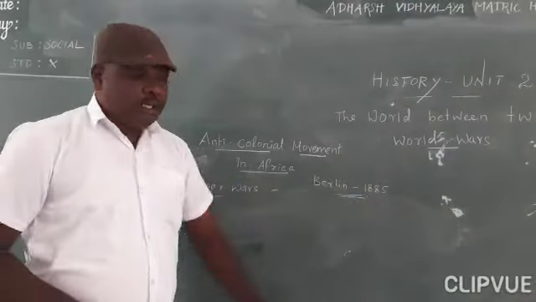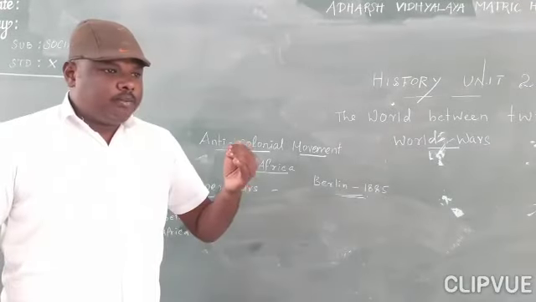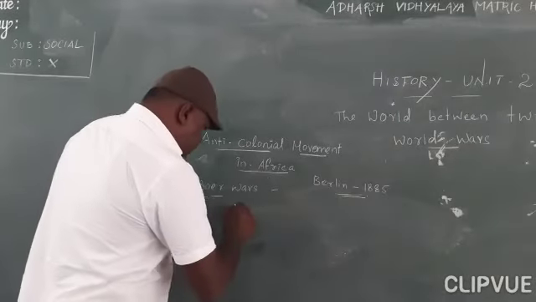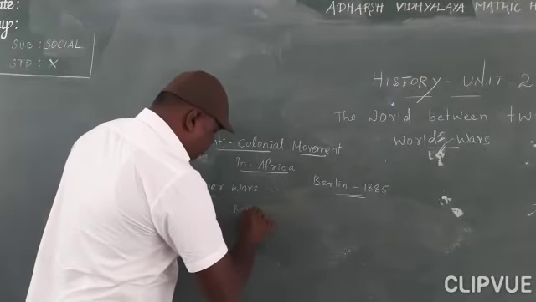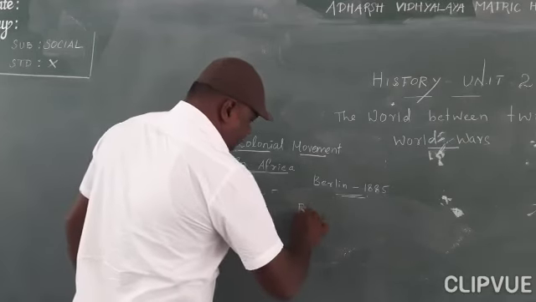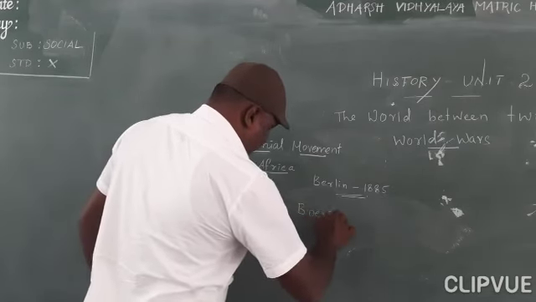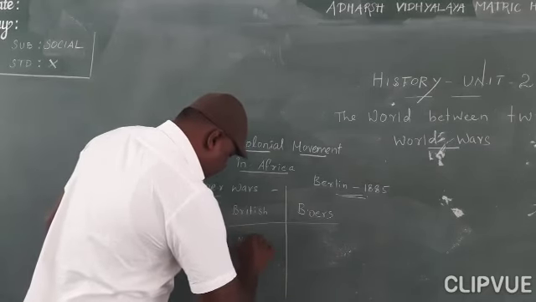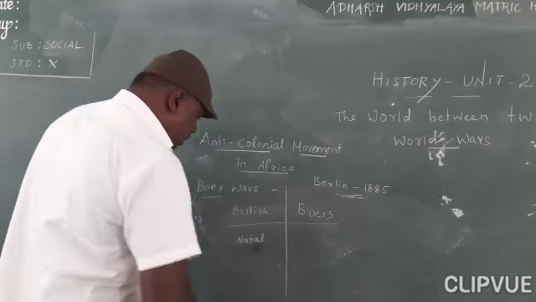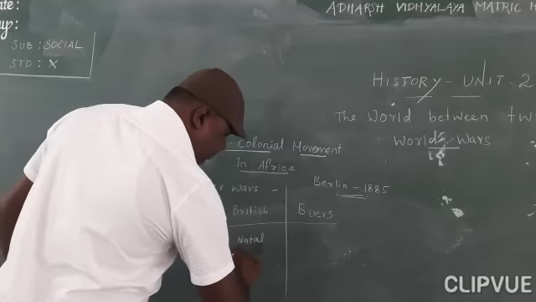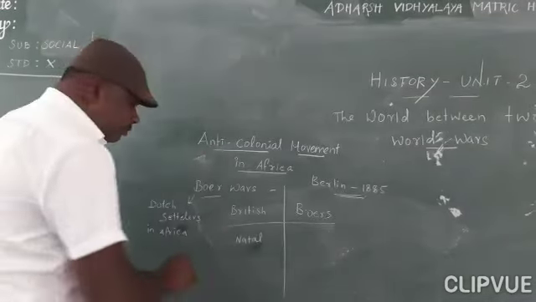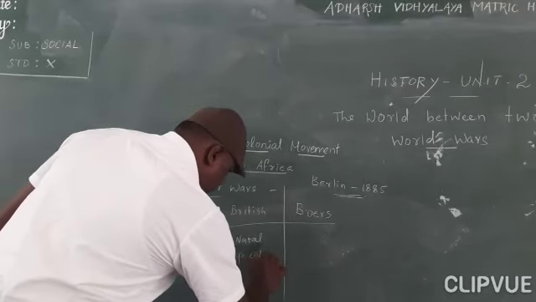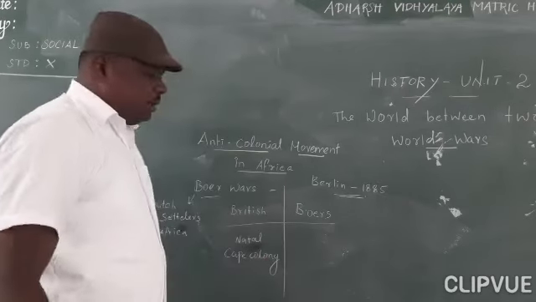Initially, after 1885, you can see British domination in two places: Natal and Cape Colony.